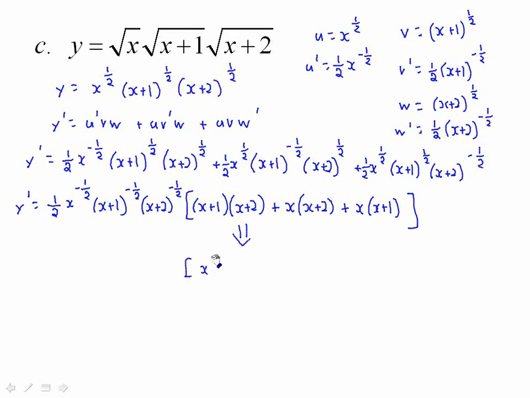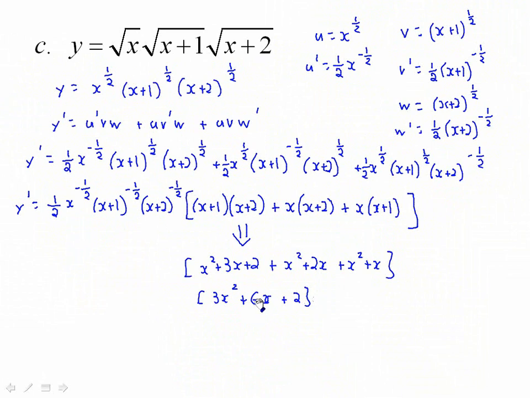We get x squared plus 3x plus 2 plus x squared plus 2x plus x squared plus x. And then get the like terms together would be 3x squared, and then 3x plus 2x plus another x is 6x, and then 2 will go there.